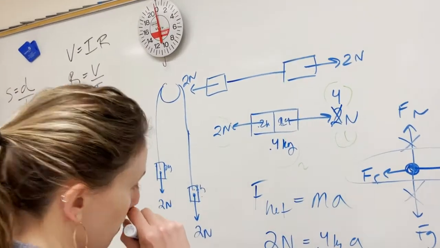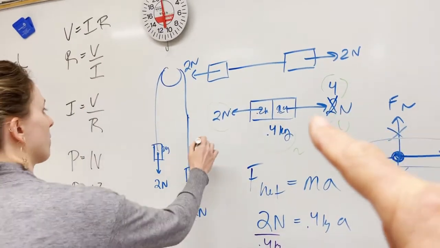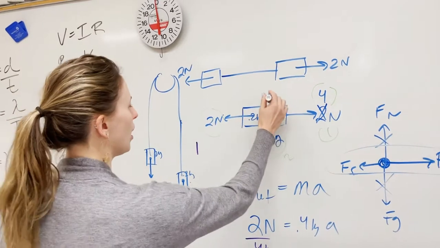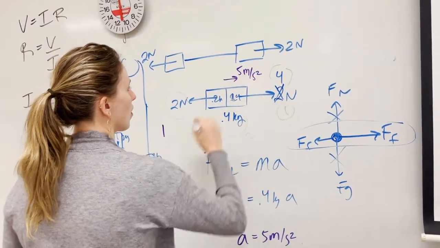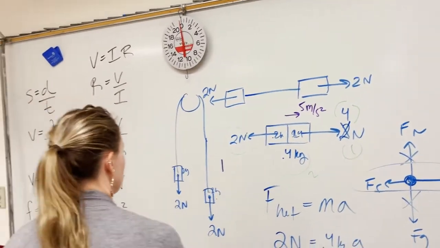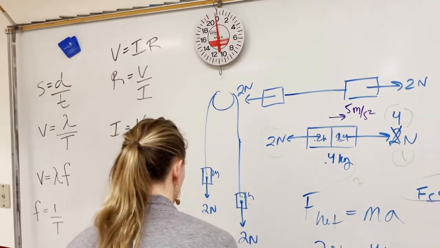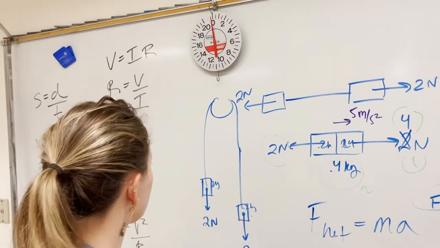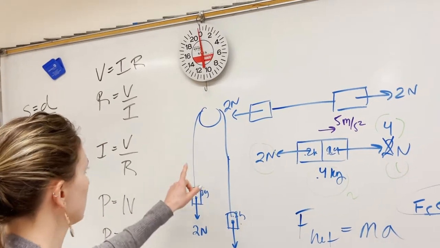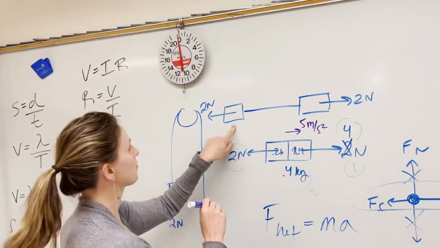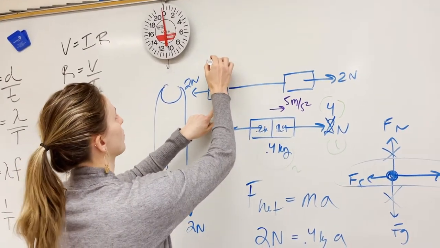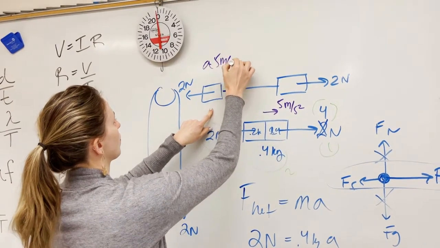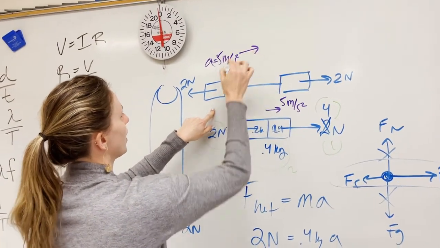So on our diagram here, you can put acceleration on the third one, and it would be this way. Acceleration is going to be 5 meters per second squared. So then, let's say the mass on the top diagram is accelerating at 5 meters per second squared to the right.